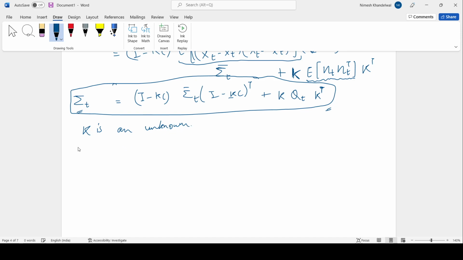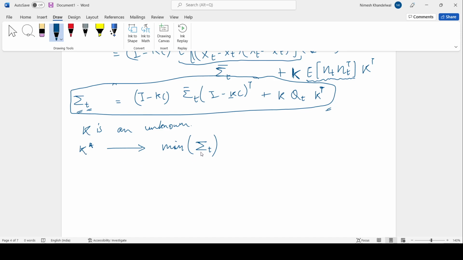And we want a value of K that minimizes, we want a Kalman gain such that it minimizes my variance, so that I'm more confident in my prediction or my state estimation.